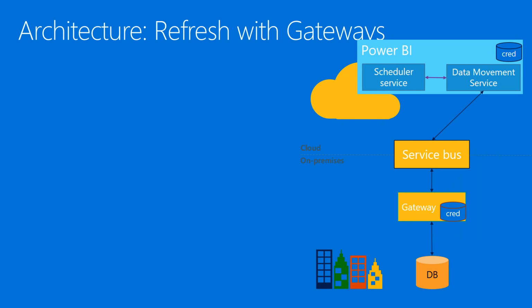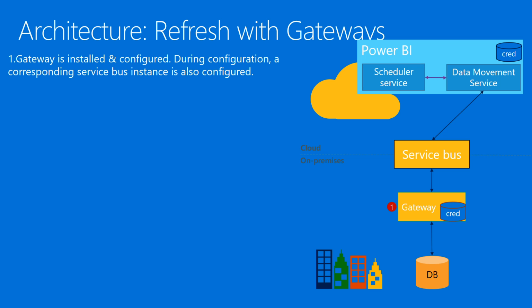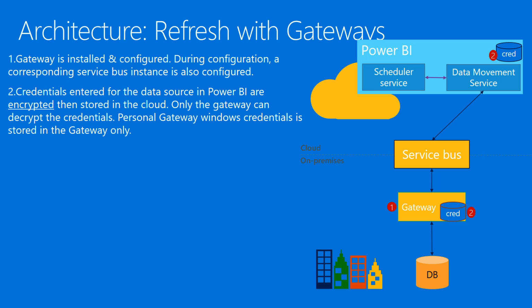So now we're going to talk about the architecture. How does the gateway work and how does it connect to your data securely? So first, the gateway is installed and configured and, of course, online. And during configuration, we set up a service bus to be associated with that gateway.